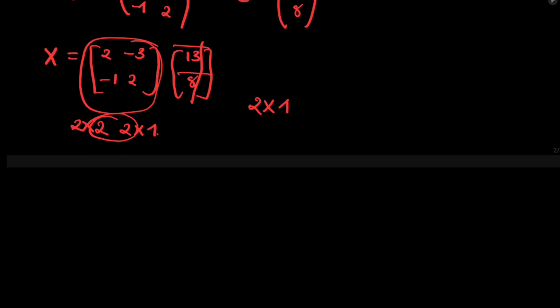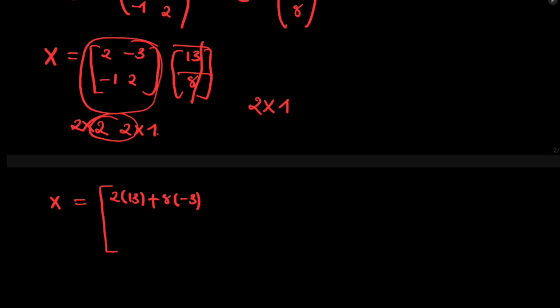So let's multiply. Remember, we are multiplying rows by columns. So this will be 2 times 13 plus 8 times minus 3. That's the first one.